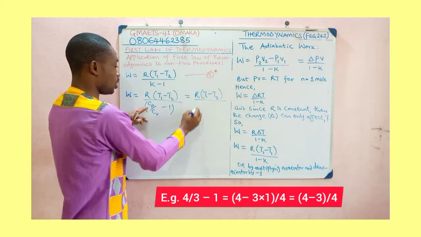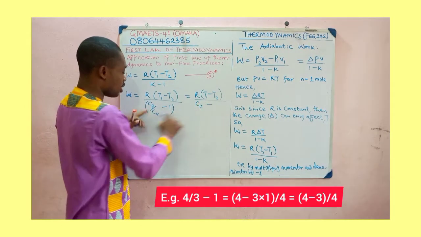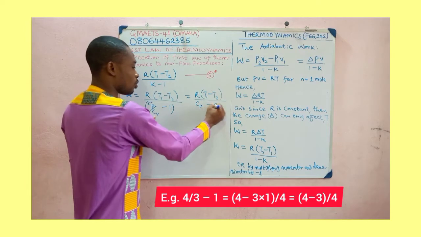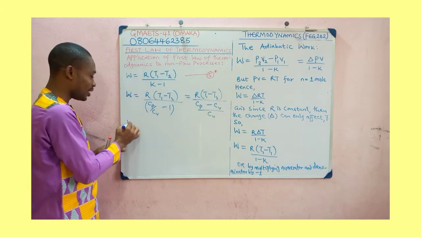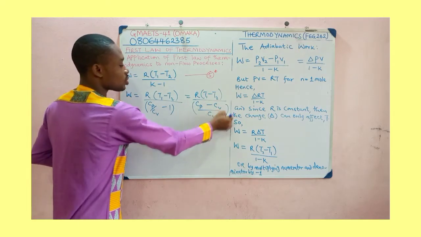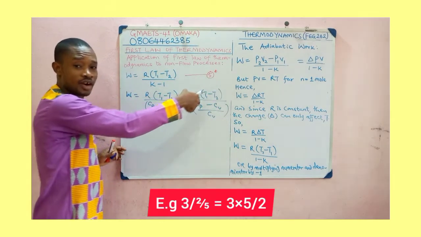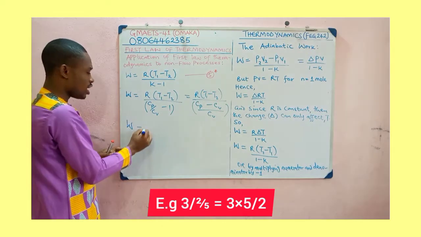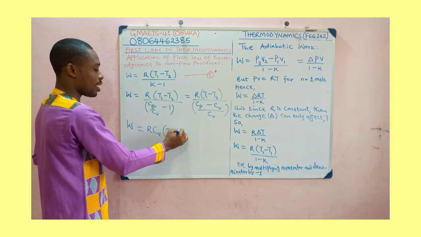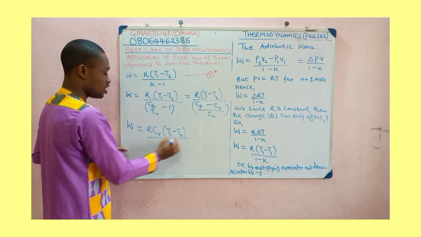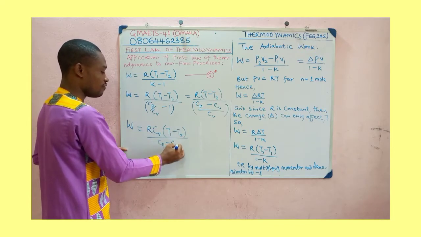The easiest way to go is this numerator Cp minus the denominator times the whole number, which is Cv, everything divided by Cv. Mathematically, this denominator Cv will go upward. Is that okay? To multiply the numerator. And if it goes, we're going to have R times Cv, open bracket T1 minus what? T2. Everything divided by Cp minus Cv.